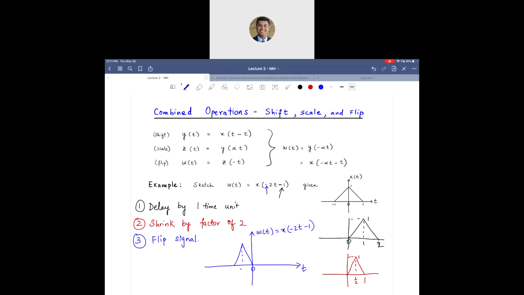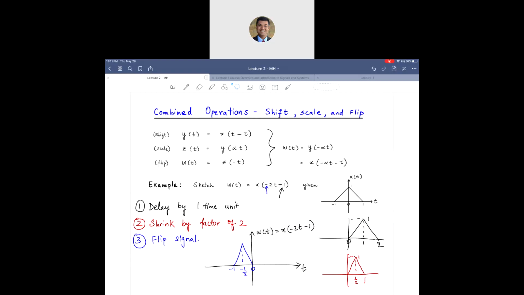This will be negative what? Let's see, negative 1 half, negative half, and then this will be negative 1. That's it. All right. So that's a quick example on the three combined set of operations.